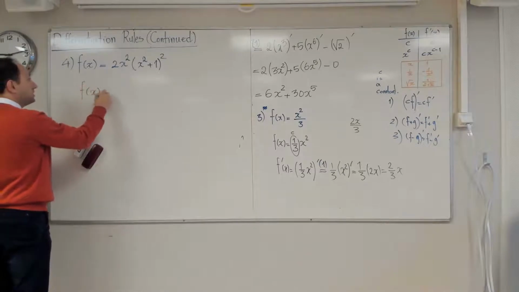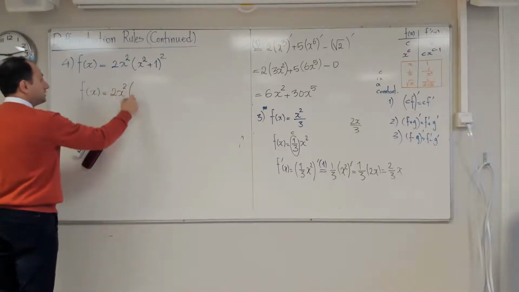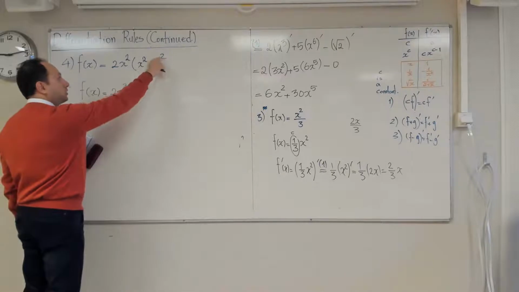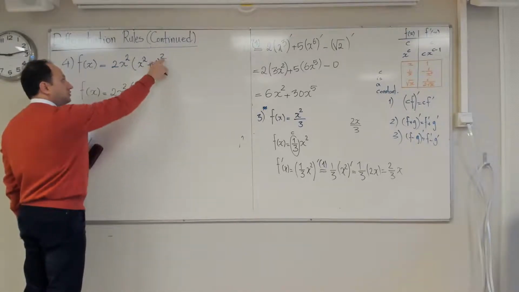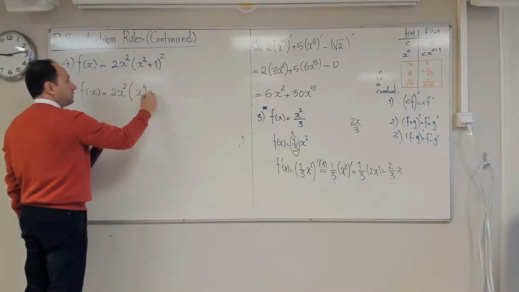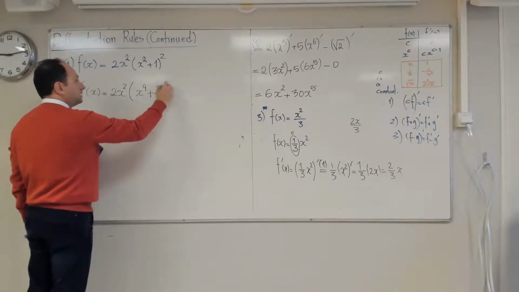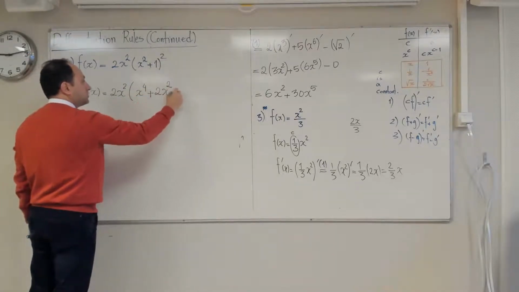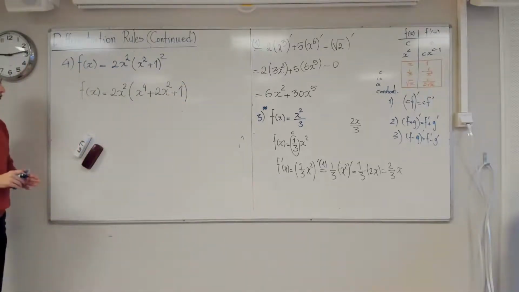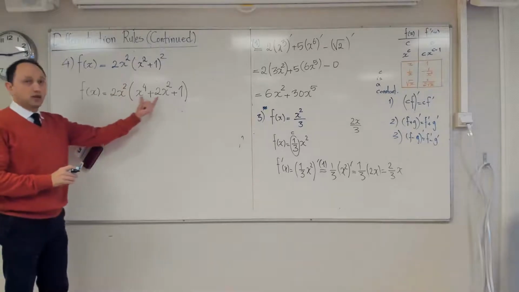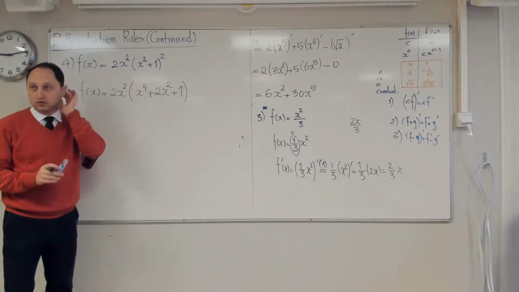So what happens? f of x is equal to 2x squared. Then this one goes up. So sorry, the first one to the 2 is x to the 4. 2 times the first one times the second one is 2x squared. The second one to the 2 is 1. Agree? But still, it is not enough because this is a product and you don't know the rule for product.